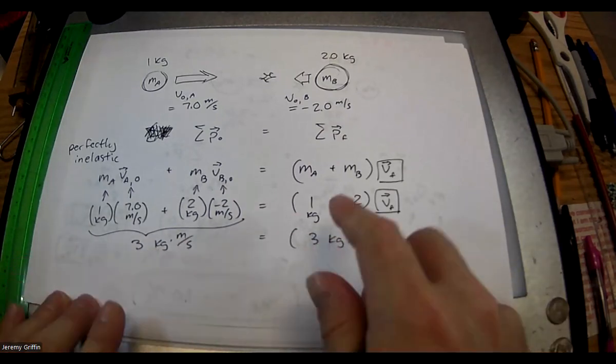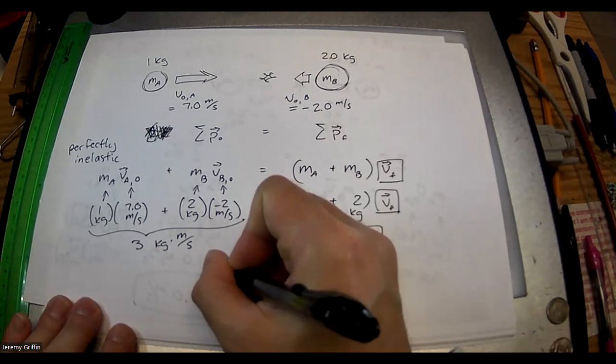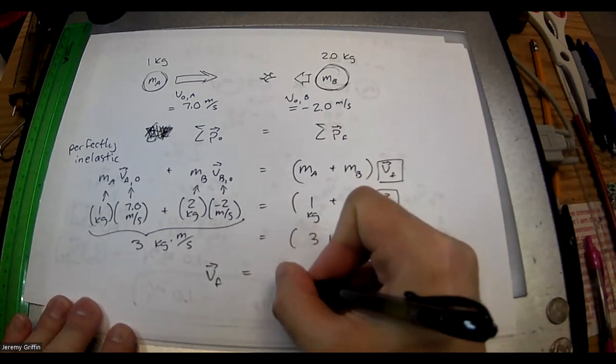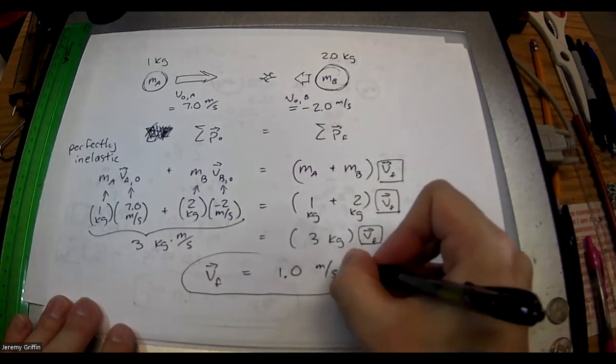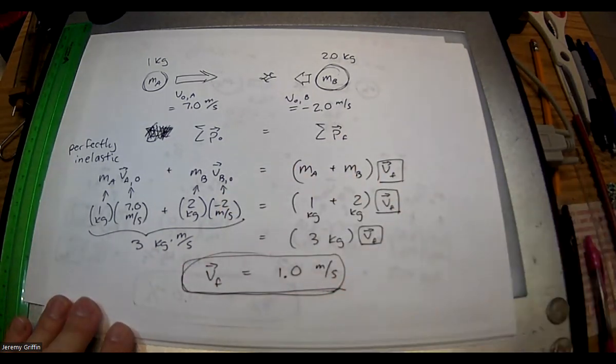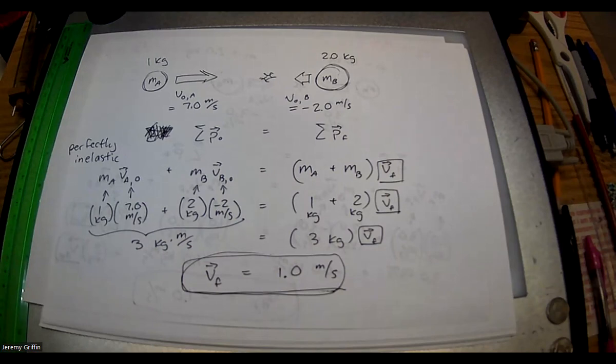And the kilograms cancel. So final velocity for me is going to be +1 meter per second, which is 1 meter per second to the right. Okay. And again, before I started plugging and chugging, I said, well, it's got to go to the right because there's more momentum to the right. Okay, and it definitely is. You guys hear that?